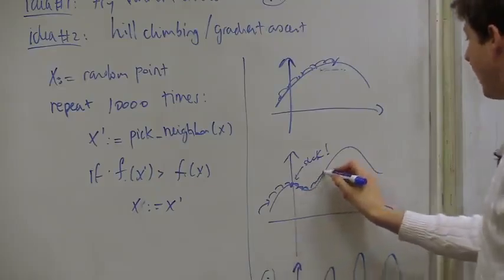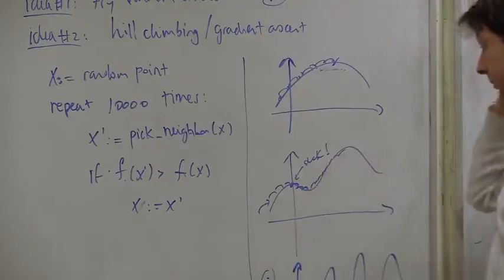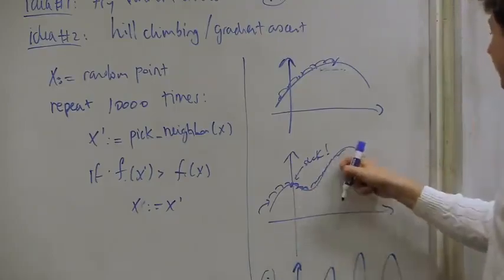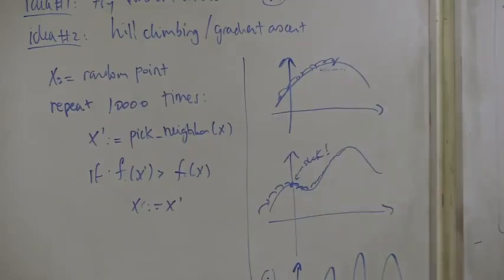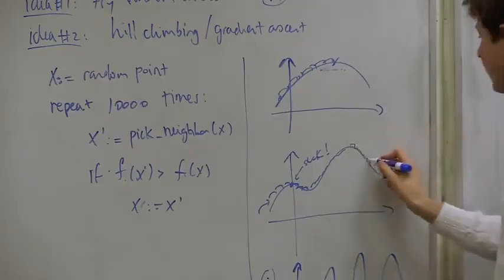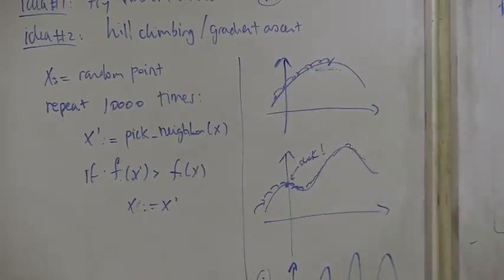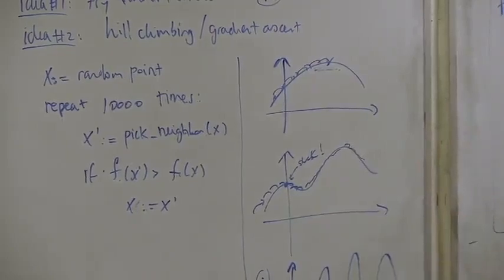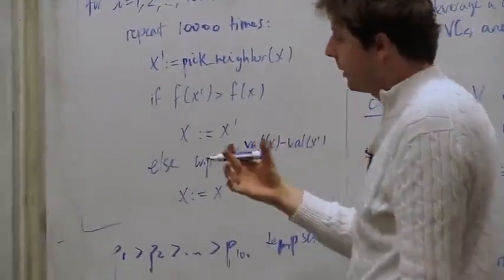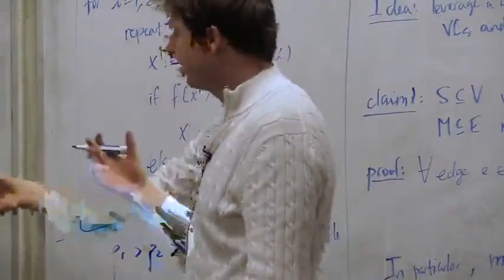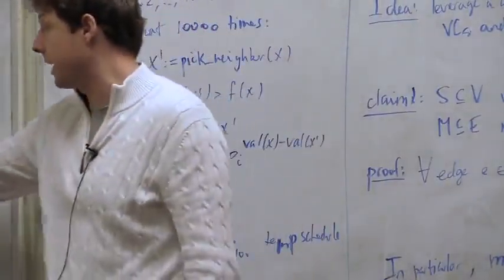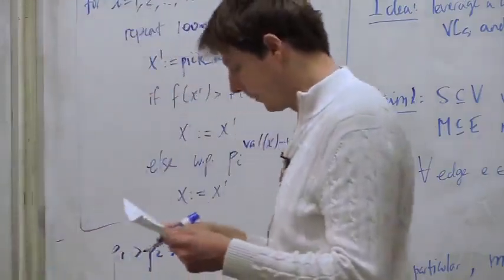And if I do that, then I might have a chance to go up to the real optimum, the real maximum. And by that time, the temperature will have cooled more, and I'm less likely to make my way down again and lose the optimum. Okay? So simulated annealing is a heuristic to try to shake yourself out of being stuck using hill climbing.